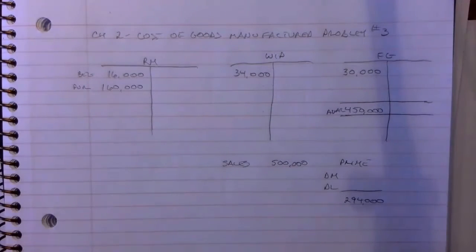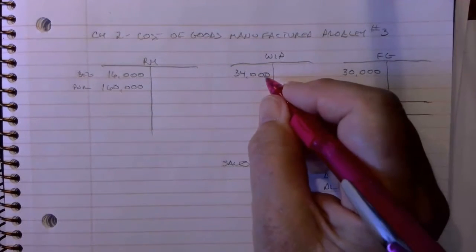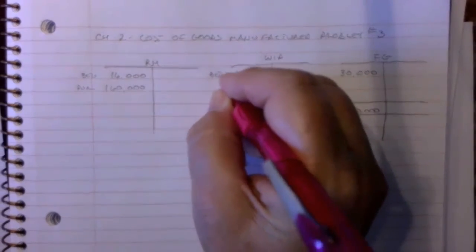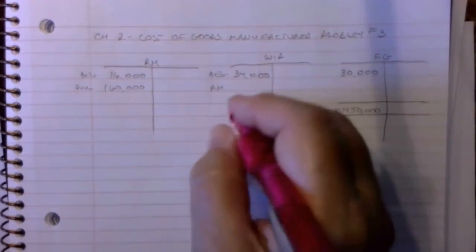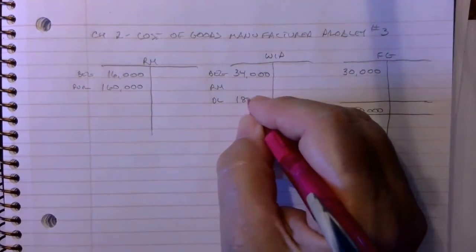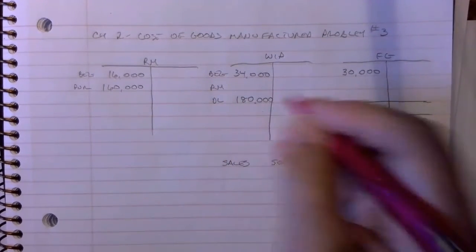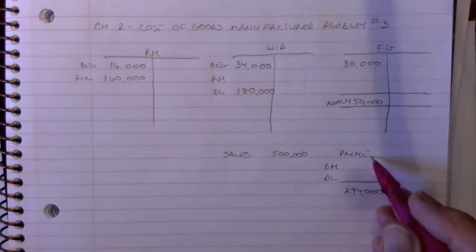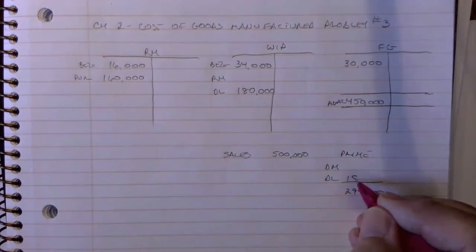Direct labor is 180,000. So I've got, let's see, this is my beginning balance in work in process. We're going to add raw material to it, and my direct labor was 180,000. Okay, so now we know that direct labor is 180. If we go back to our prime cost, this is 180.